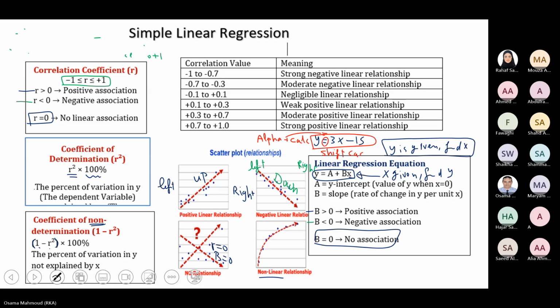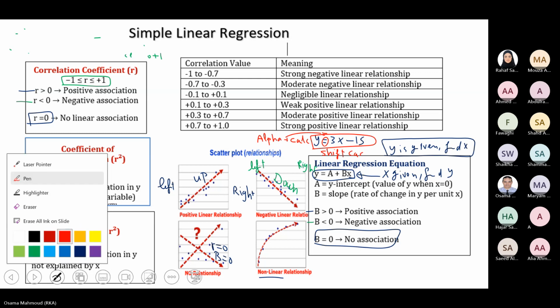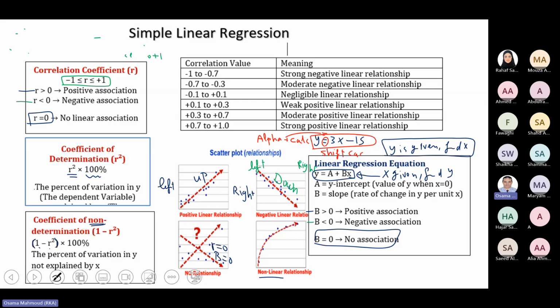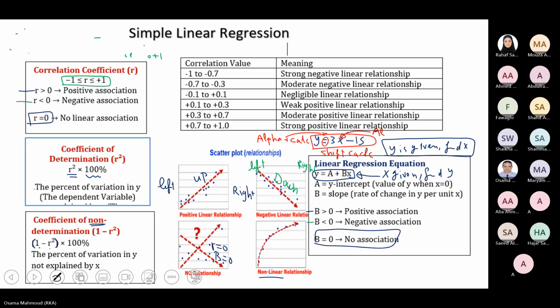Can you try? I'm sure it is shift and calc, as far as I remember. Okay. How to write x? I forget how to write x. You write x by alpha and this parenthesis, right? After you finish writing the equation, you press shift and calc.